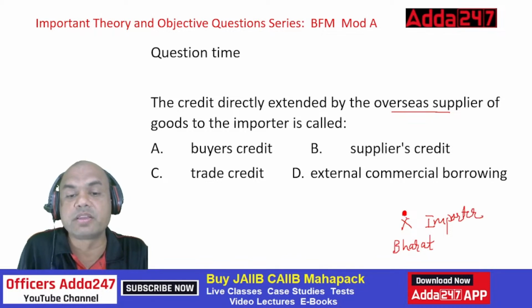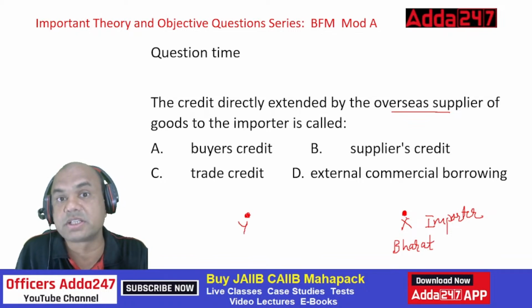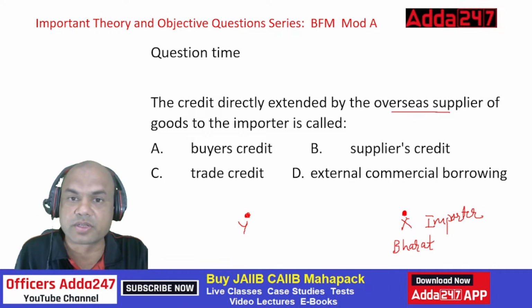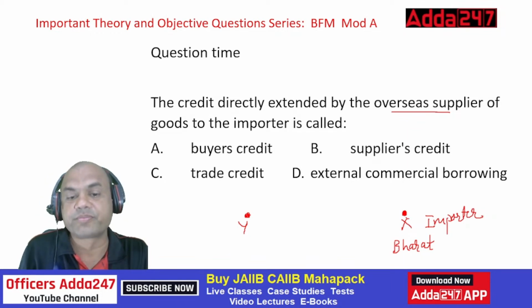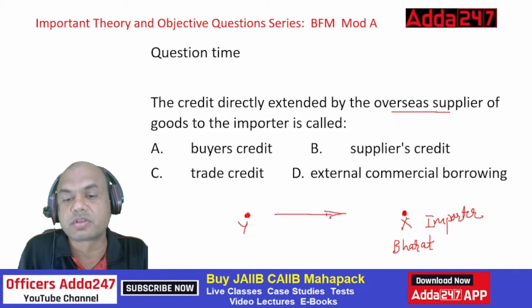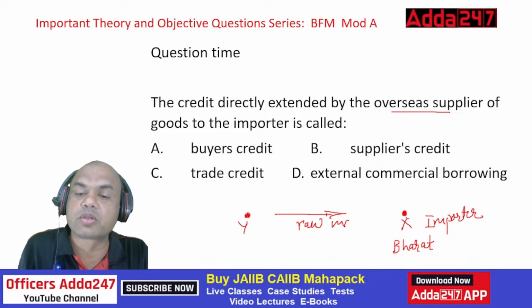And somebody in, let's say, the USA, that person is supplying to Mr. Y, Mrs. Y, Mr. X, Mrs. X, anything, okay. So Y is supplying these goods, raw material, we'll call it raw material, to X.